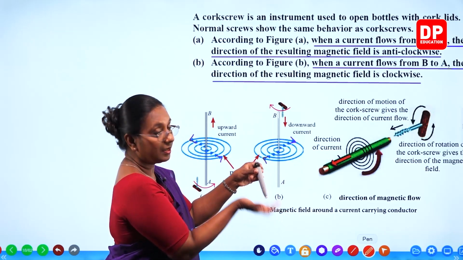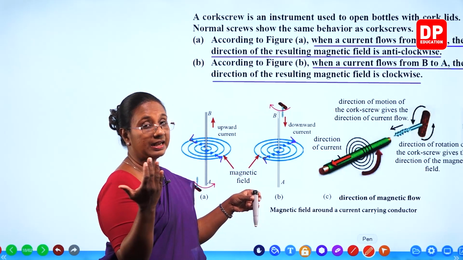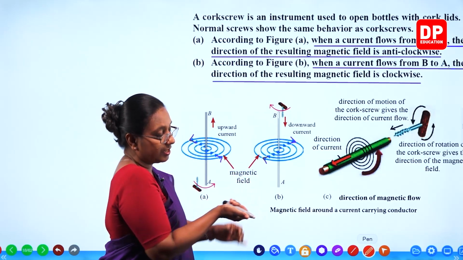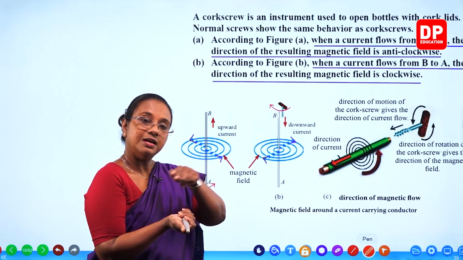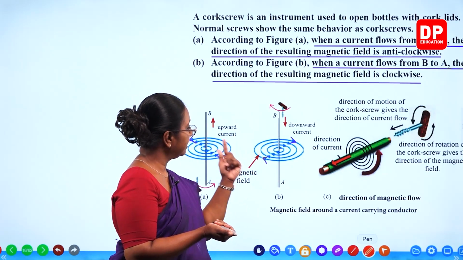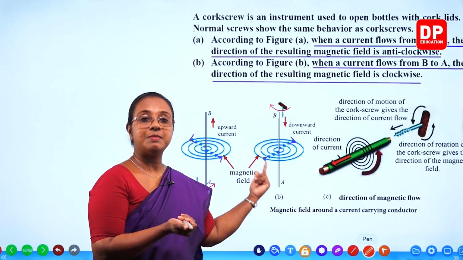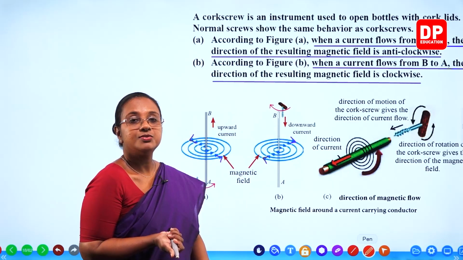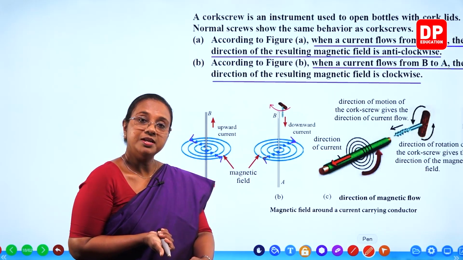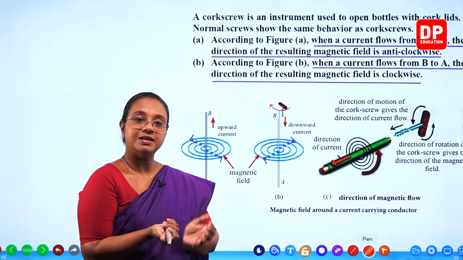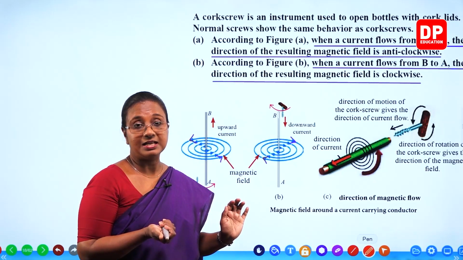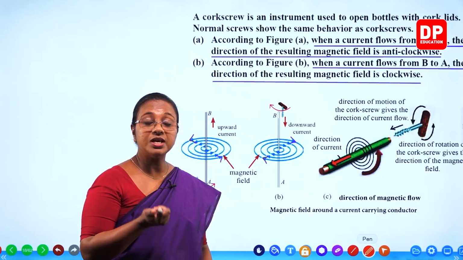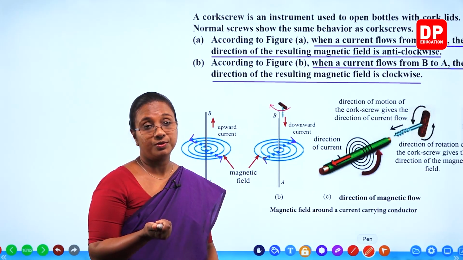So I have to always use my right hand, and the thumb has to be downwards. It's going to be like that. Now look at my other fingers. They are in this clockwise manner. So when the current is flowing down, the thumb points downwards, and my other fingers point to the direction of the magnetic field lines. That is how we use the right hand grip rule.